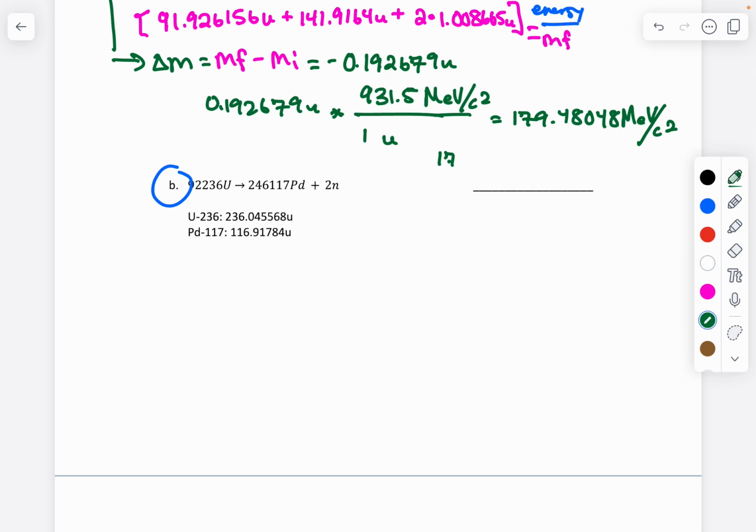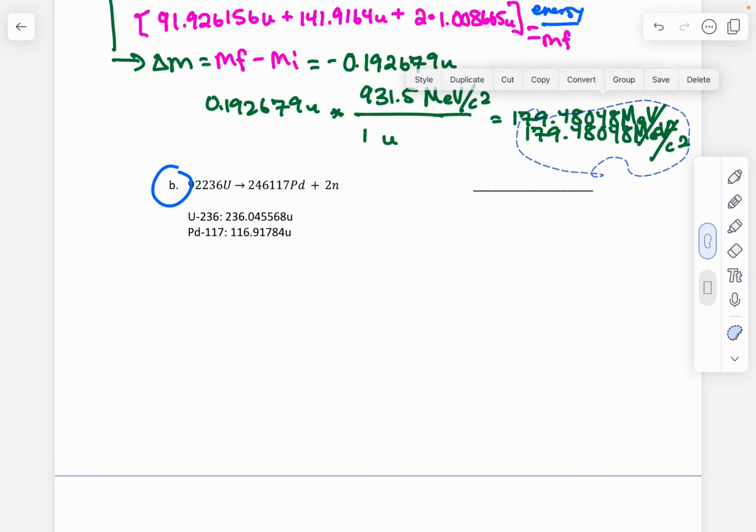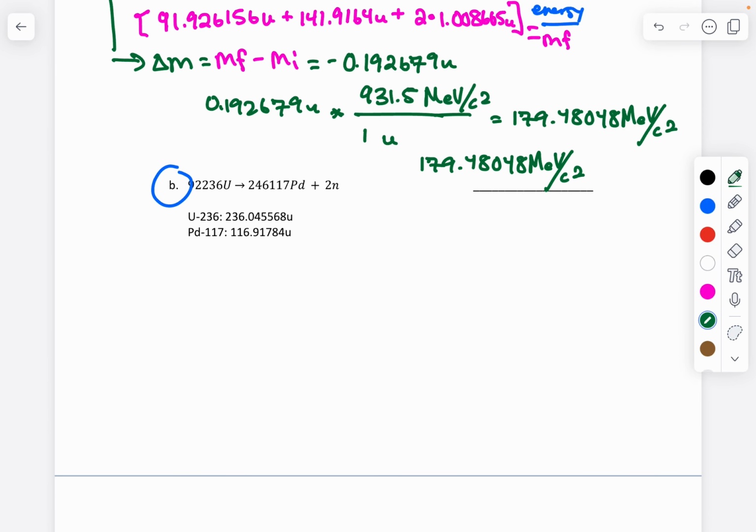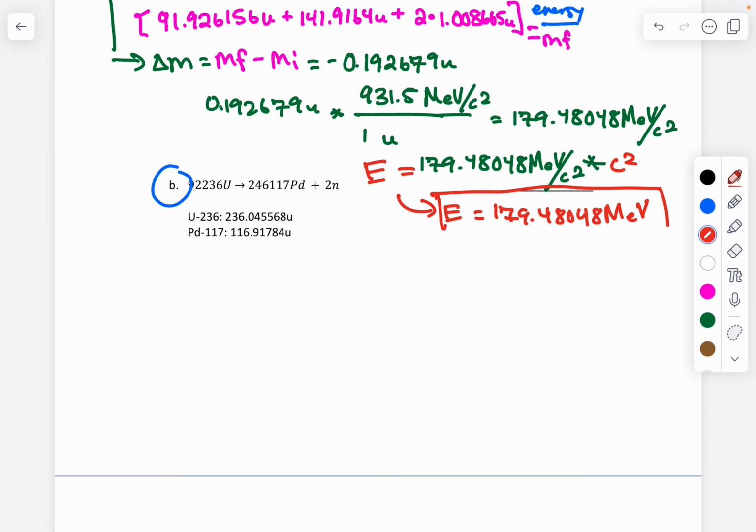I don't want to rewrite it, so I'm going to duplicate it, and then multiply by c squared to get E. And we find that E is equal to 179.48048 mega electron volts. There we go.